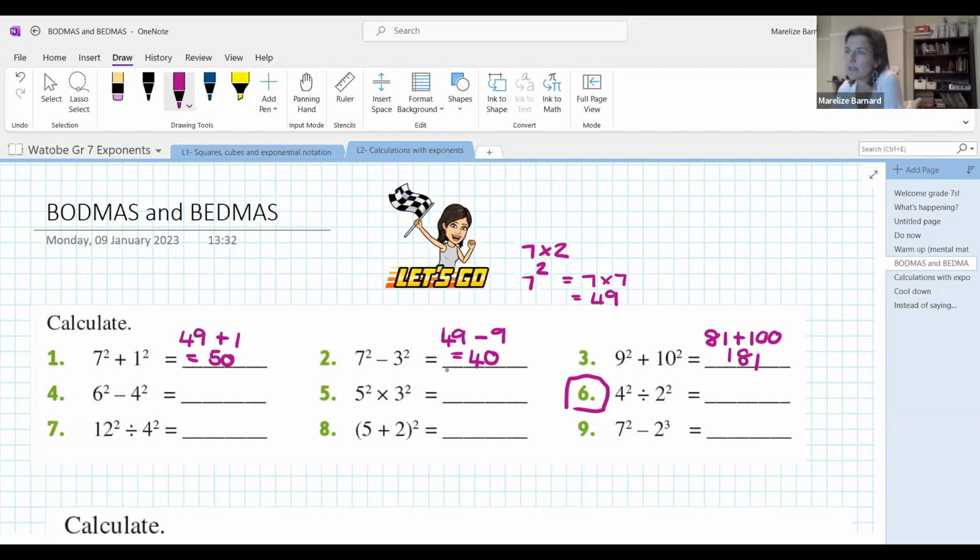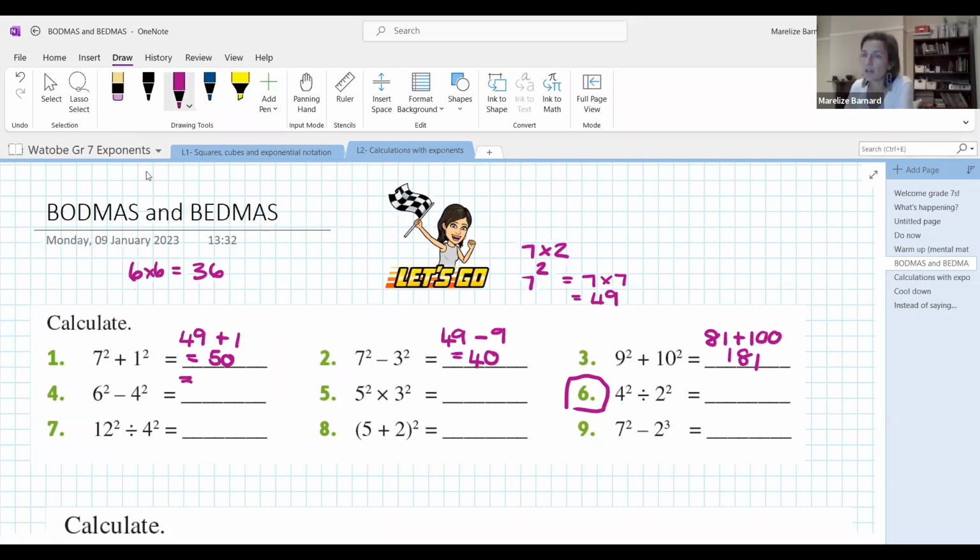Some people say 20. Okay, so we're going to work out the 6 squared. This is not 6 times 2. If it was 6 times 2, it would have been written like that. Okay, so it's 6 squared. 6 squared is 6 times 6. And until you get used to it and you get to know these off by heart, which you will because you're going to be doing them so much, 6 times 6 is 36.